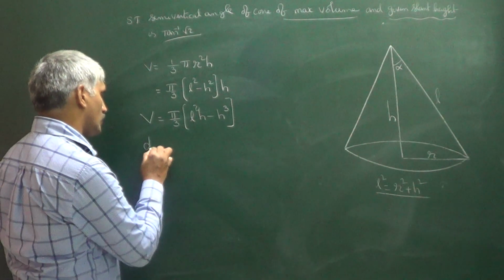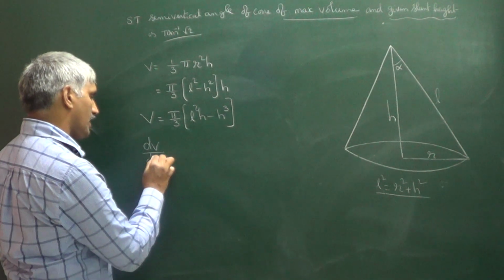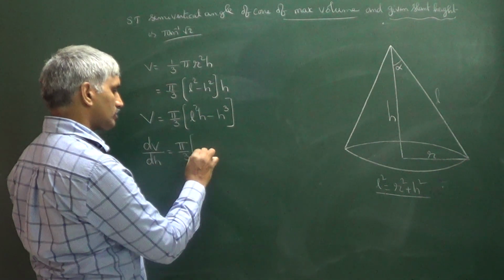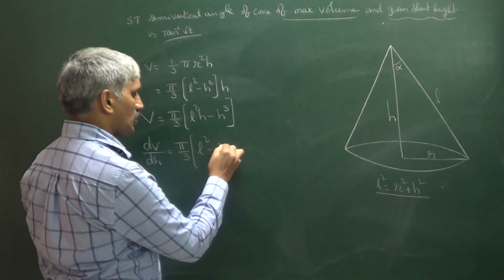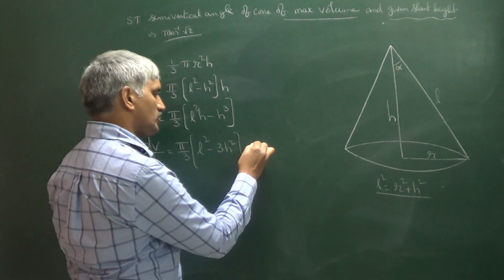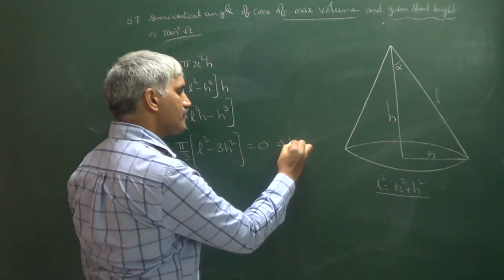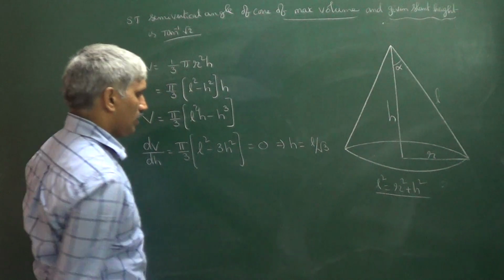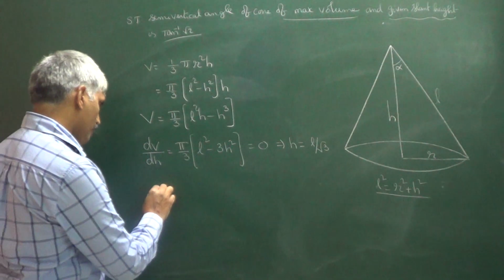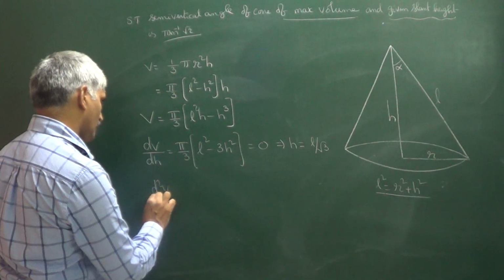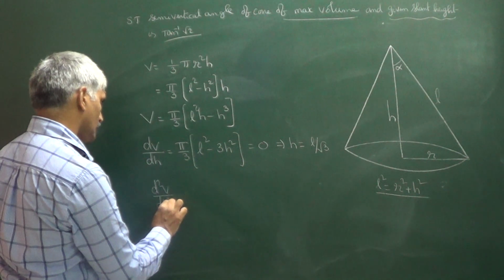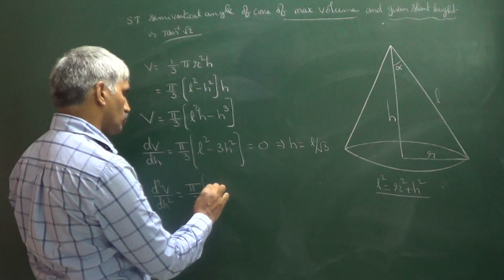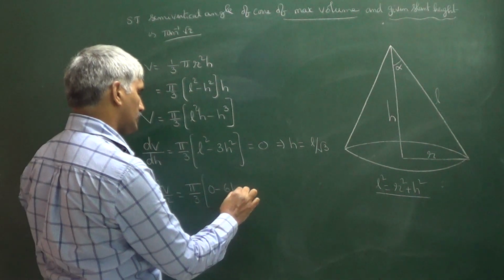Now differentiate this one. dV by dH is equal to pi by 3 into L square minus 3H square. Equate the differentiation to 0. We will get H value equal to L by root 3. Now find d square V by dH square. That is pi by 3 into 0 minus 6H.